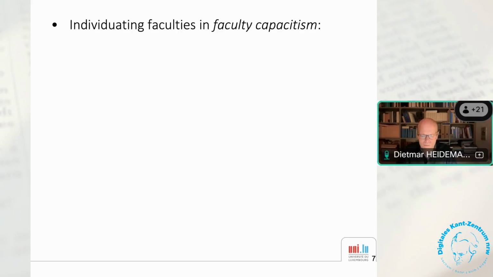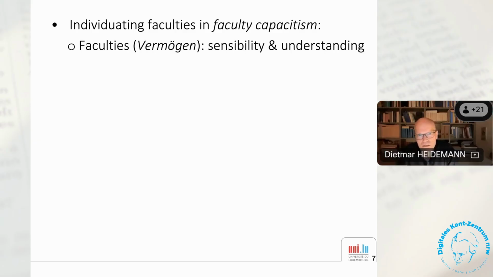I rather want to turn now to how exactly the individuation of the faculties and then capacities works in Kant. So what is the model? What is the procedure he is applying here to convince us that there are exactly two faculties and exactly two coordinate capacities that we have? As I've said, the distinction between faculty and capacity is not new in Kant.